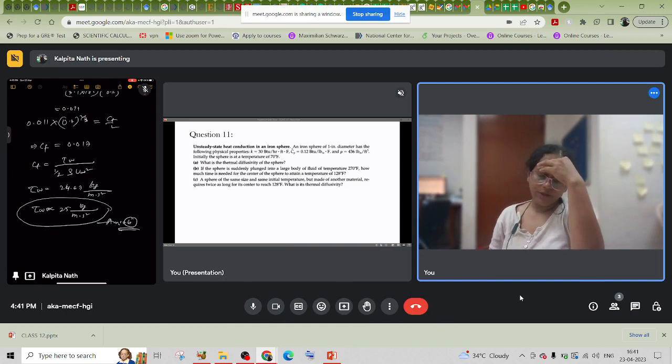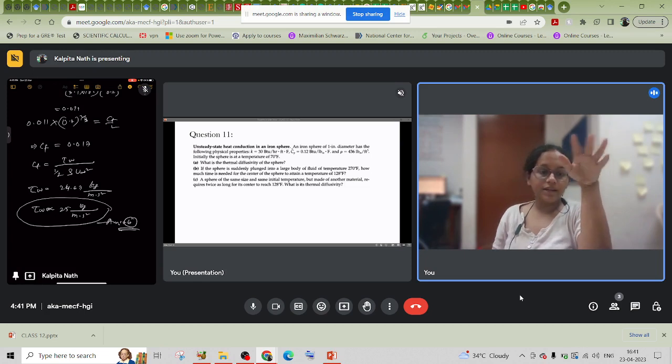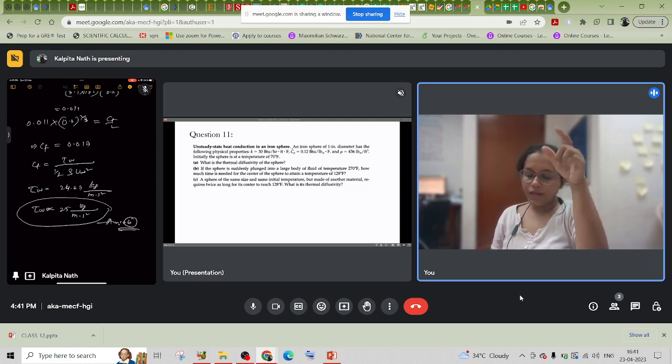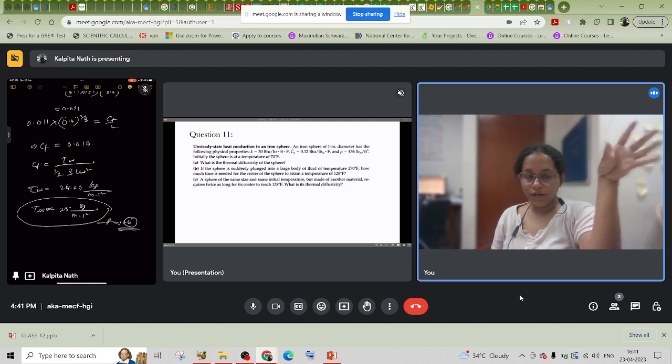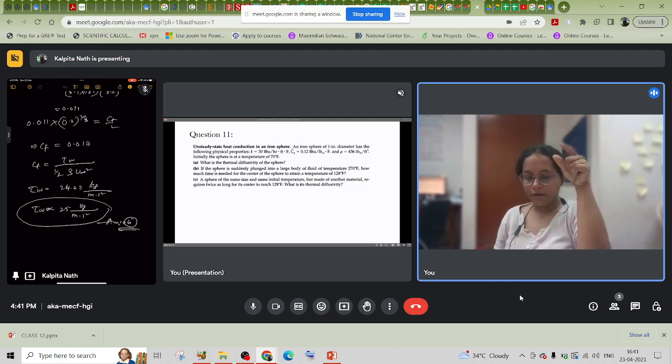First, we'll find out the thermal diffusivity. The thermal diffusivity formula we already know: K by rho Cp. Then, by using the transient temperature equation, (T minus T center) over (T minus T naught) for the lumped parameter model, we'll find out the answer to part B of question number 11.